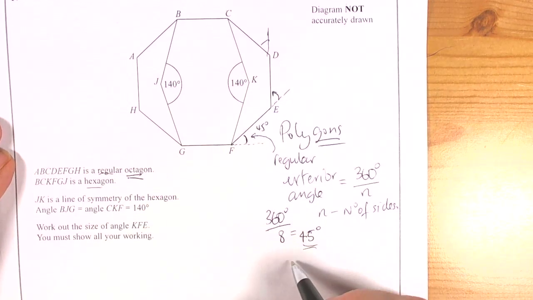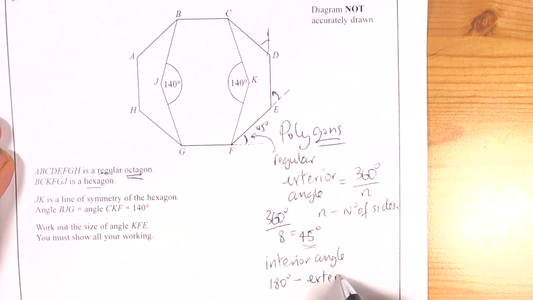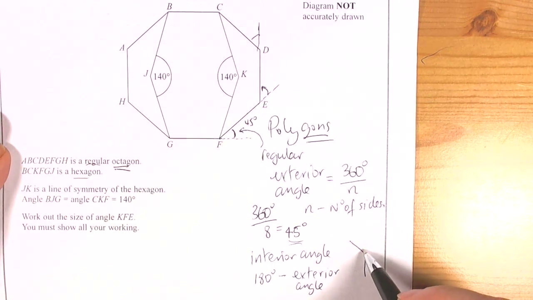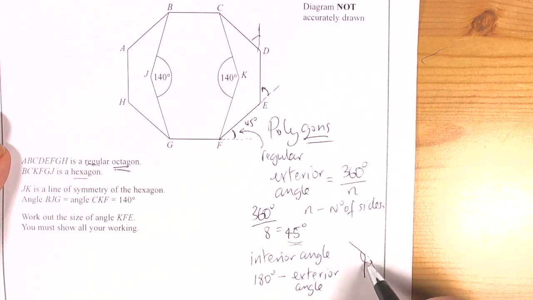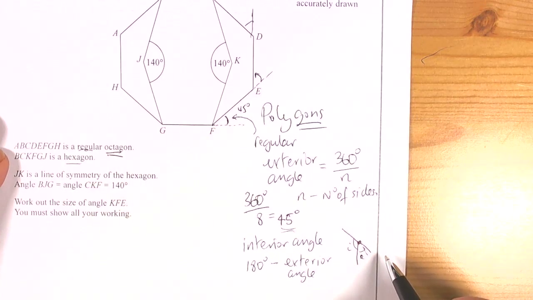Well, if that's 45 degrees, we now know the interior angle. So the interior angle of a regular polygon is going to be 180 take away the exterior angle. Basically because if that's the exterior and that's the interior, they both are on a straight line, so they meet at a point and add up to 180.